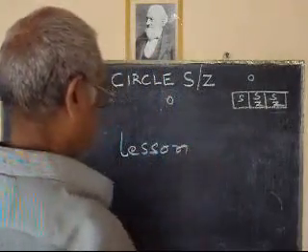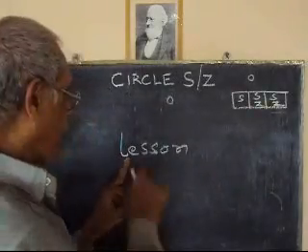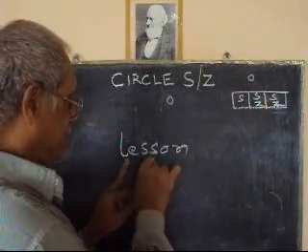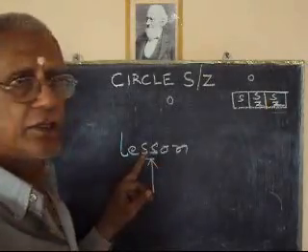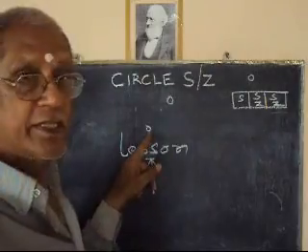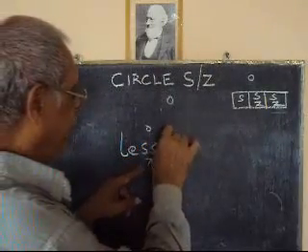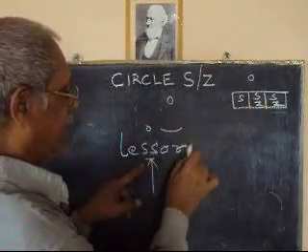Lesson, suppose. Now L. After L, there is S, medial S. So this is a circle. This circle is attached with a curve, N. That means sun.